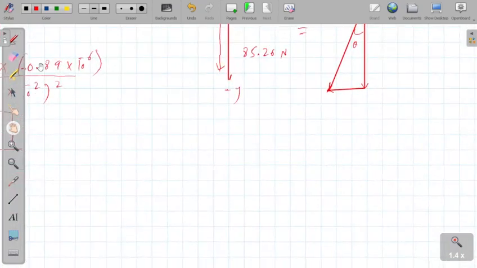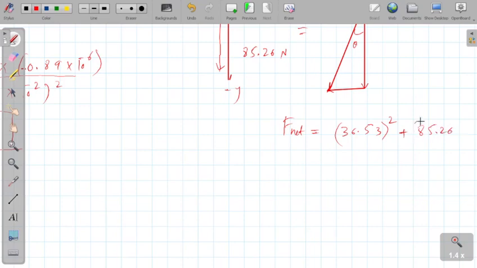The magnitude of F net, the total net force acting on charge 1, will be the square of 36.53 plus the square of the other force, 85.26, using Pythagoras theorem.